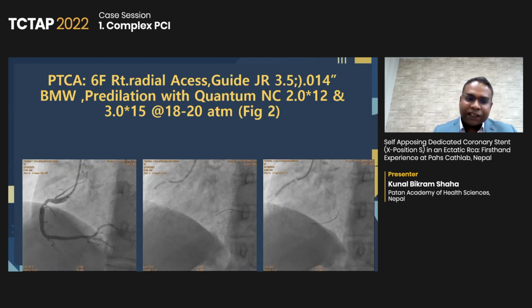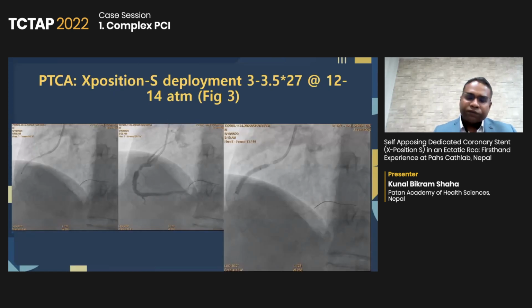We pre-dilated the lesion with a 2.0 and a 3.0 by 15 NC Quantum non-compliant balloon using 18 to 20 atmospheres, and then we chose a medium-size self-apposing stent.